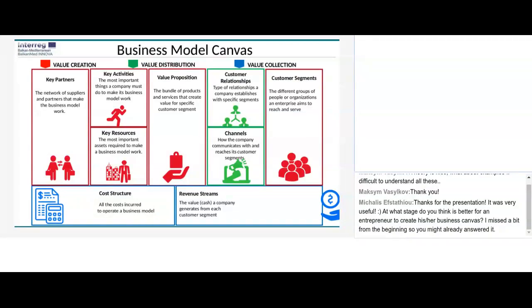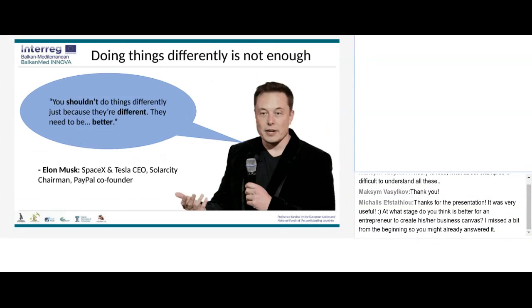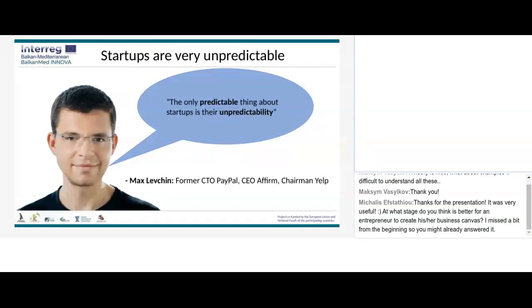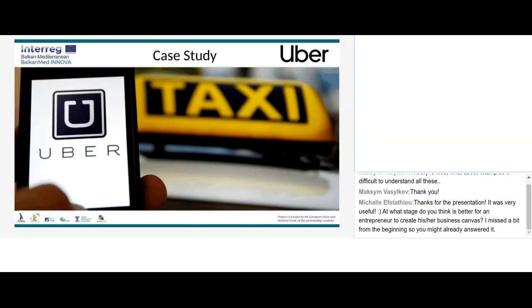Afterwards, it's just like typing something on your phone. It's really easy to learn the business model canvas, and that's why it's so important. You go from idea to business model on one page. That's why it's so useful. I hope it answers your question, Michalis.